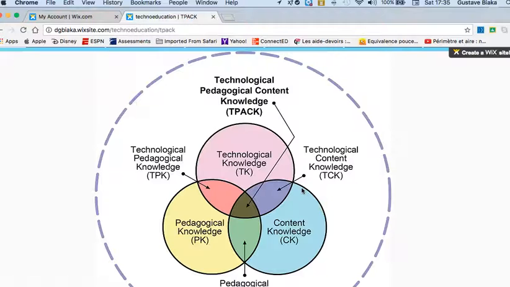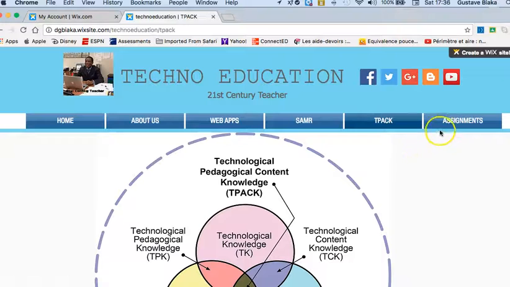Today, we have another generation of students, where we're talking about digital classes. So now we have to combine not only pedagogy and content knowledge, but also technology in our classroom and our instruction. And this Venn diagram is really telling you everything that you can do for your class to be effective.